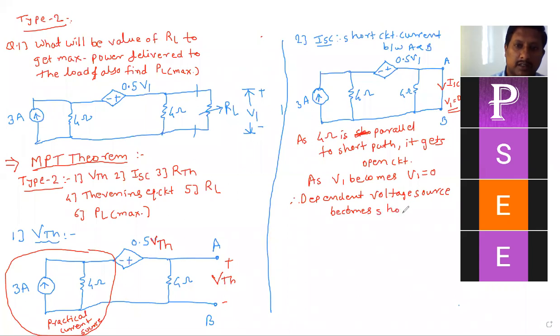Have you understood this one? Yes, sir. Because what will happen? 0.5 into V1 becomes 0.